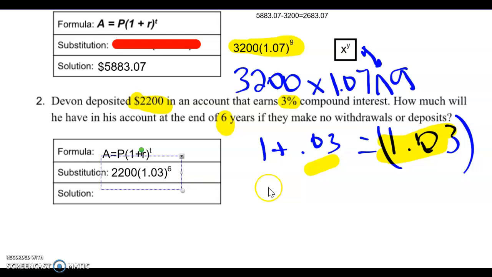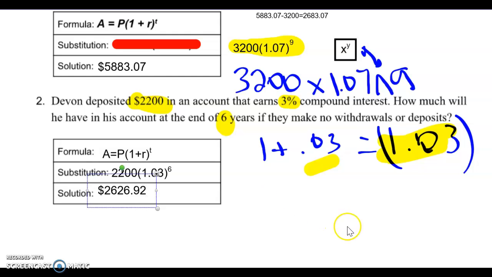All right, so you're going to plug this through to the calculator. After I did it in the calculator, I got 26.92, and I would accept 26.27, but those are the numbers that I got when I put them into my calculator.